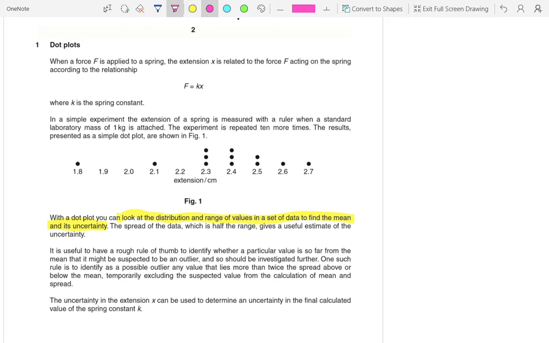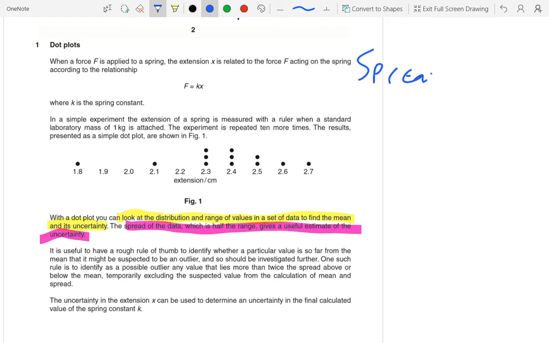In this case it isn't, so it says the spread of the data, which half the range gives, is a useful estimate of uncertainty. So you shouldn't need to do anything like standard deviation in this question. It's just being able to find the range of the data and halve it to get the spread. So spread equals range over 2.